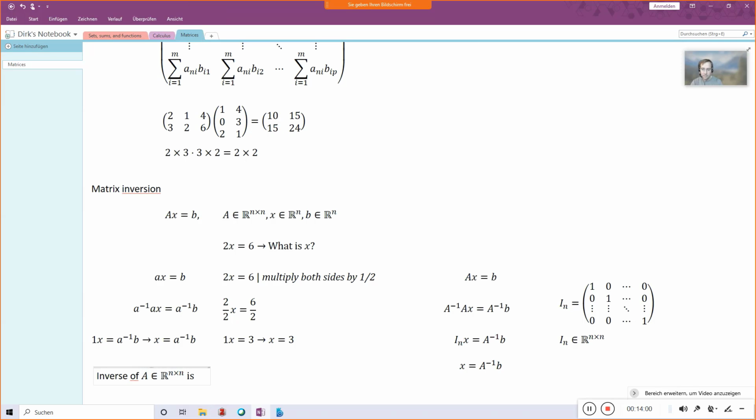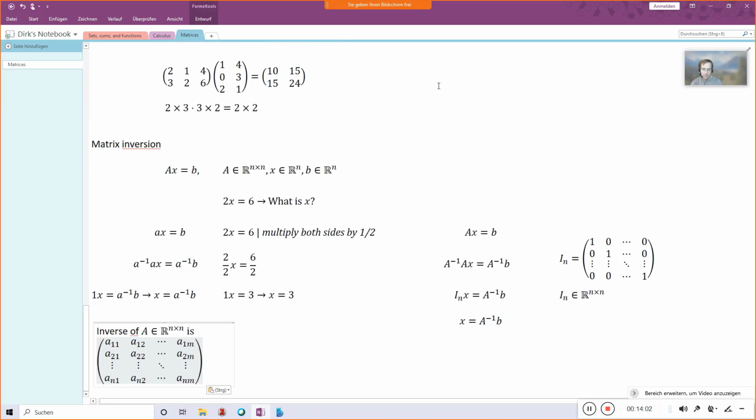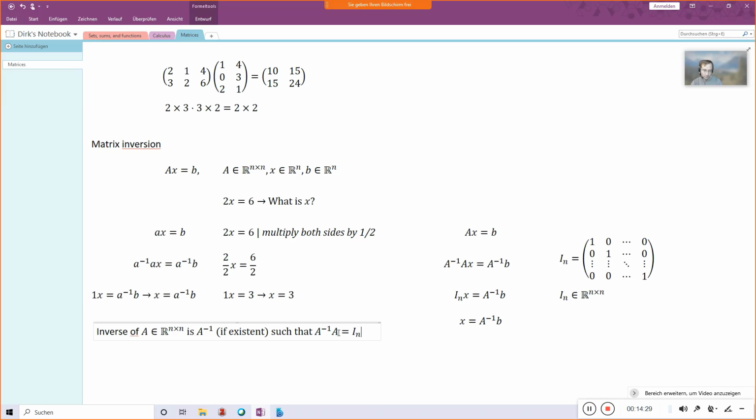And if it exists, it is the matrix A to the power of -1 such that A^-1 times A equals the n-dimensional identity matrix.